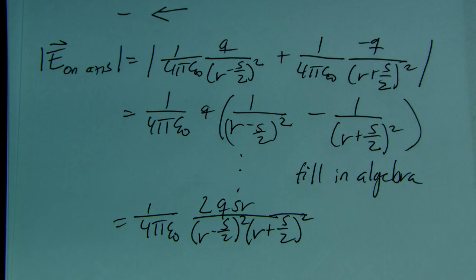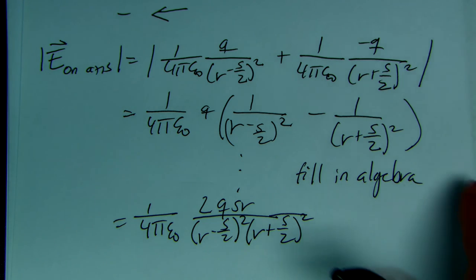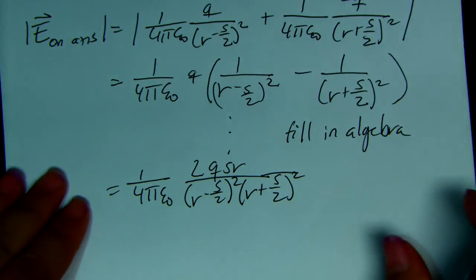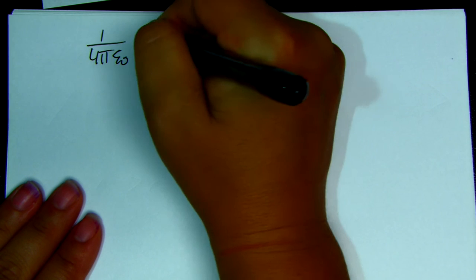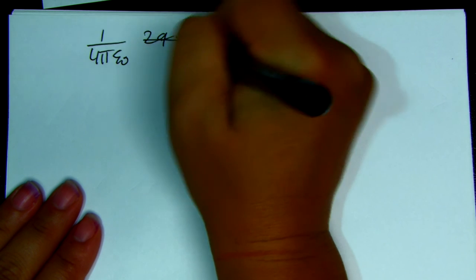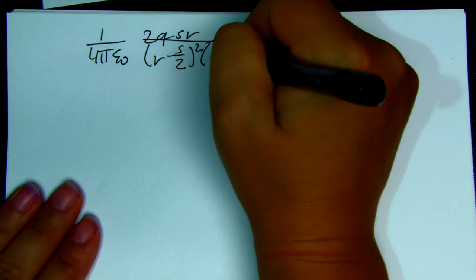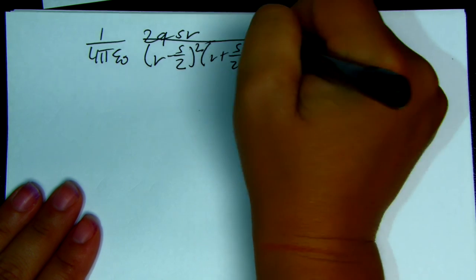All right, so we can do an on-axis dipole. So now we want to look at a couple approximations. This is a rather large equation. Let's see if there's some times where we can have a simpler expression that will be good enough for the purposes intended. So I'm going to rewrite this. 1 over 4 pi epsilon naught 2qsr over r minus s over 2 squared r plus s over 2 quantity squared.